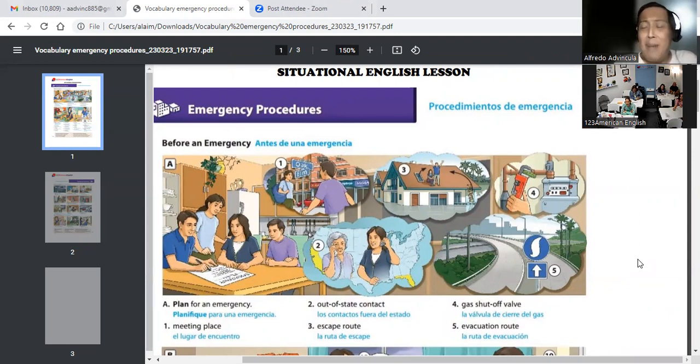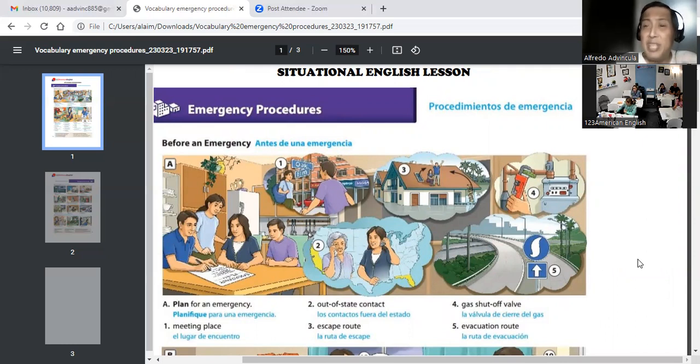So I know teacher already posted this in our WhatsApp group a little bit earlier today. Some of you may have seen this already, but of course, here it is once again, guys. As I mentioned, we'll be talking about emergency procedures. So let's start by reviewing some of the vocabulary. The first thing here, as you can see, is before an emergency.